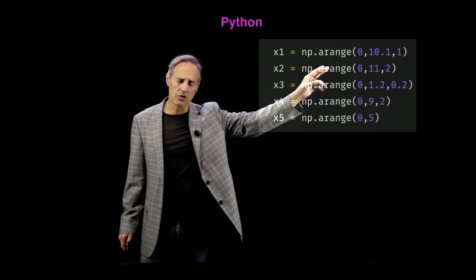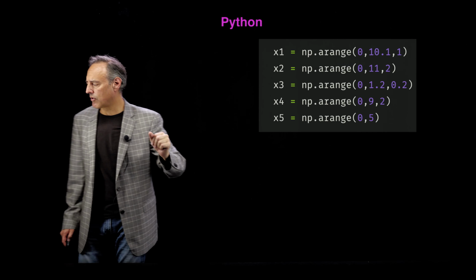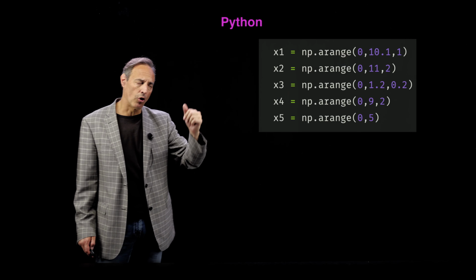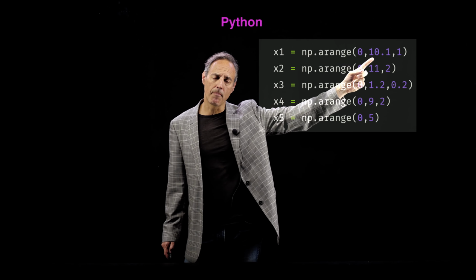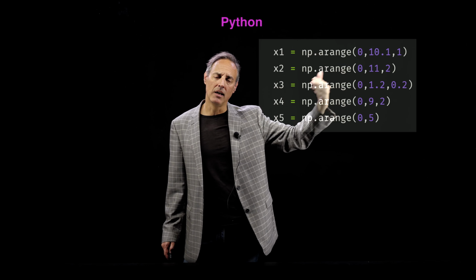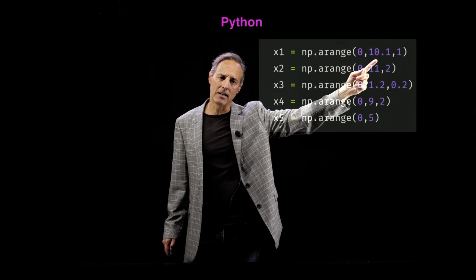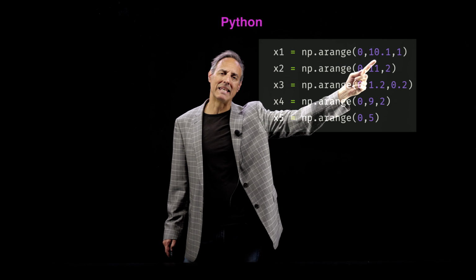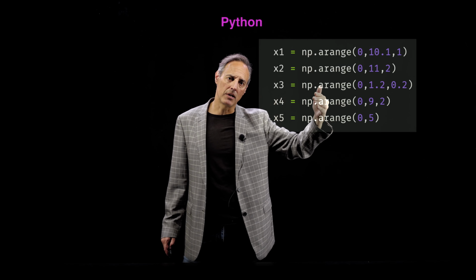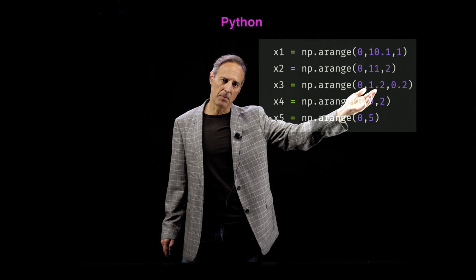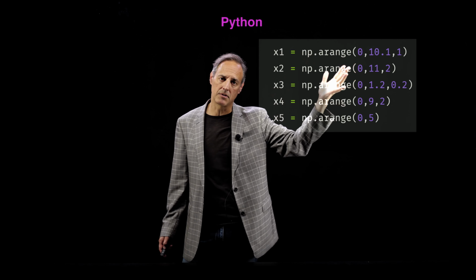And so what this is going to do for us is make a vector going from 0 to 10 in steps of 1. The reason I went to 10.1 is that if this actually went 0 to 10 in steps of 1, it would stop at 9. But since it goes to 10.1, it goes all the way to 10. The next step would be 11, which is past the 10.1, so it doesn't print it.